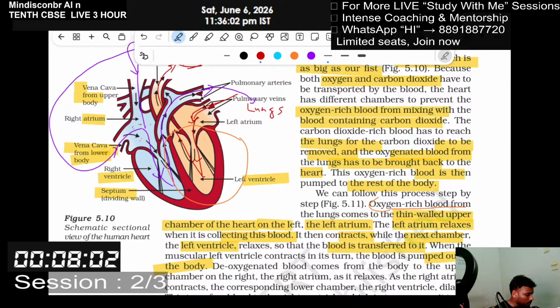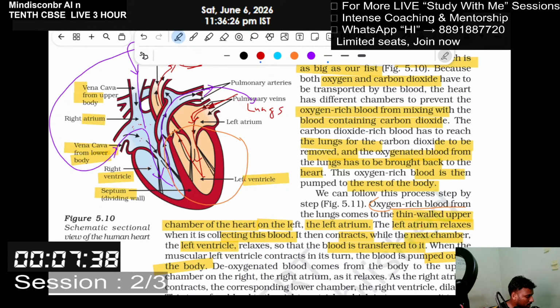First the left atrium contracts and the left ventricle relaxes, and as a result, when the atrium contracts, the blood flows to the left ventricle, and the left atrium relaxes, and after that the left ventricle contracts. First the lungs contain oxygenated air.